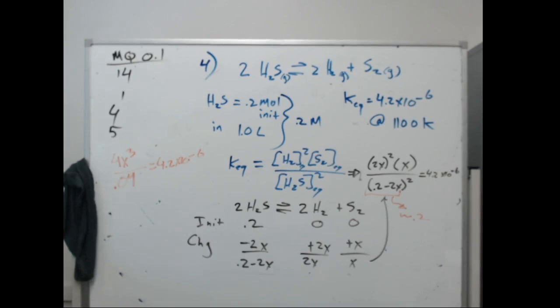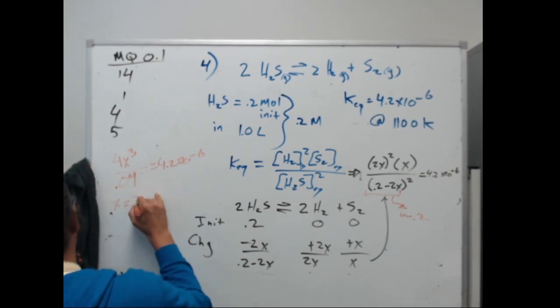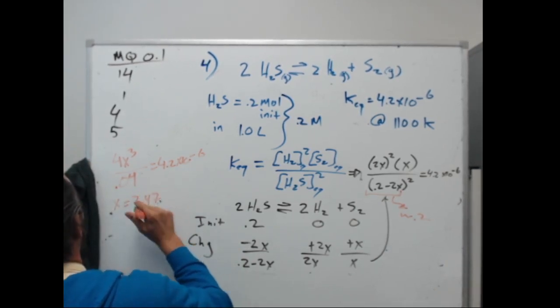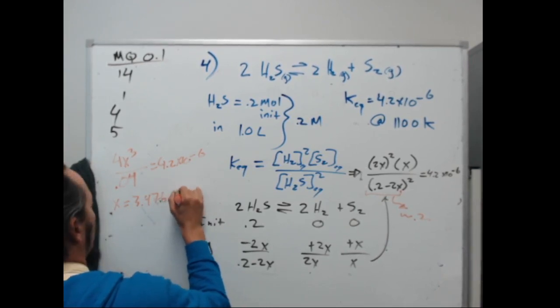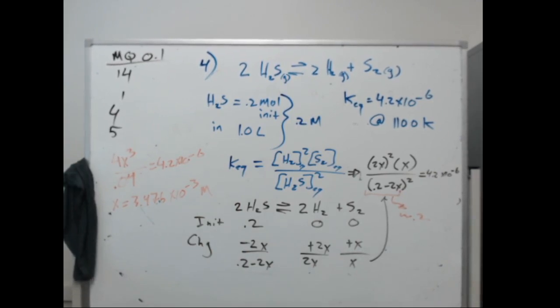Take the cube root of 8. I can't do that in my head. So I'm going to do 4.2 times 10 to the minus 6, multiply by 0.04, divide by 4, and then take the cube root. And I get an answer. I get 3.47 times 10 to the minus 3.